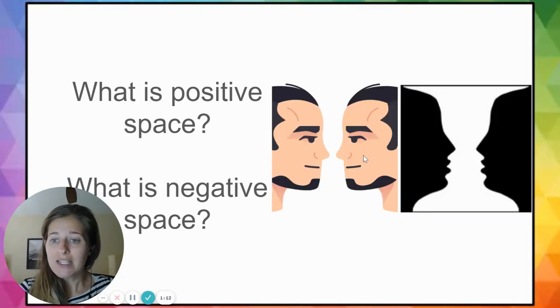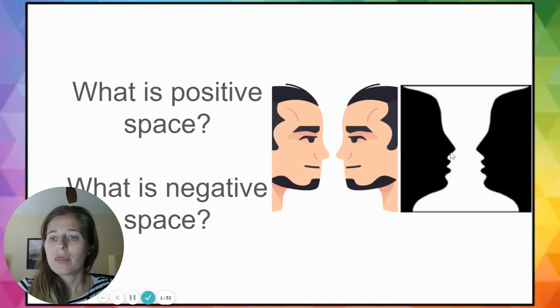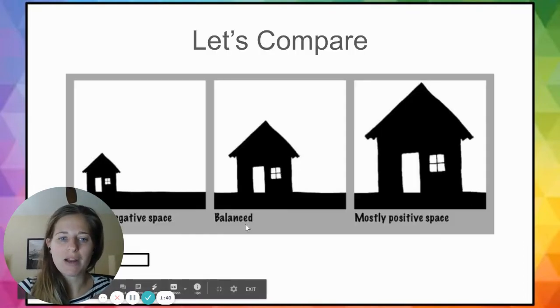If you see two faces looking at each other, like these black figures here, then you see those as the positive space and the white space as the negative space. Either one is correct. You can either see the vase first and recognize that as positive space and the white part as negative, or the two faces as positive and the white space as negative in the background. Either one is correct.